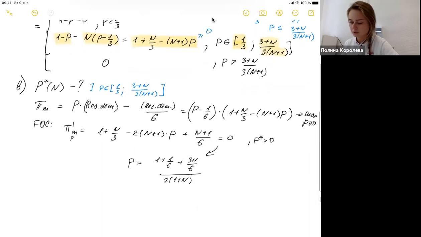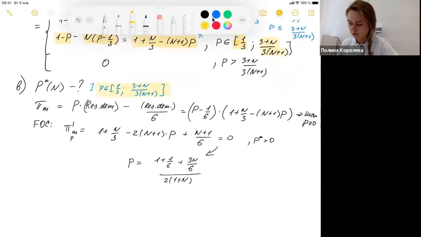So we found the price for monopoly, but we need to check this one. So this price should be greater or equal than 1/3. Yes, because for lower prices, we work with the other part of residual demand. And let's check it.